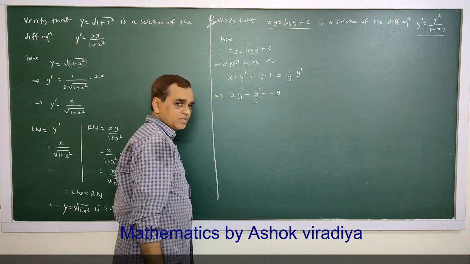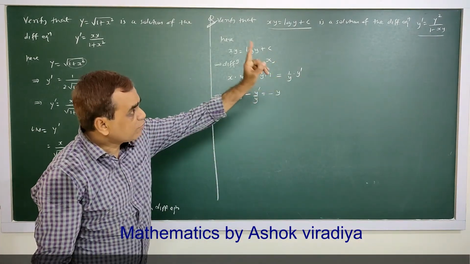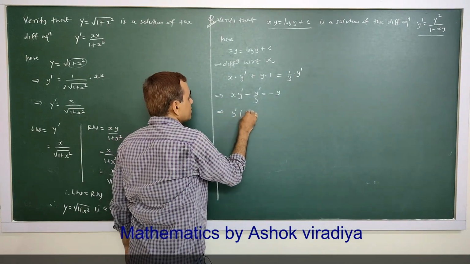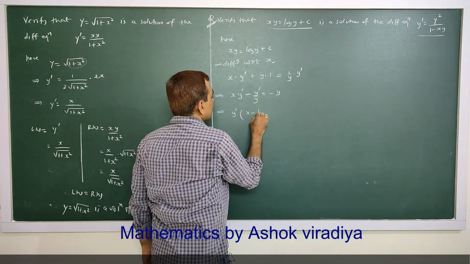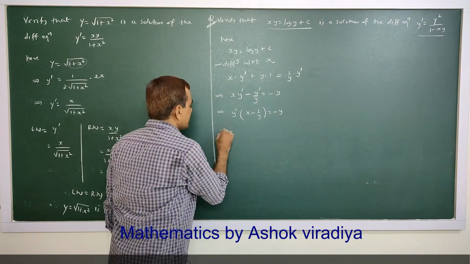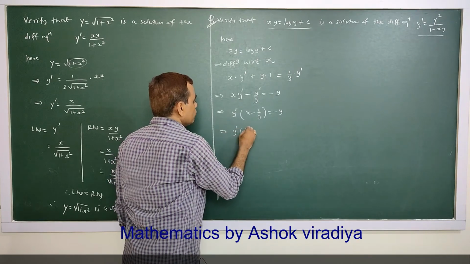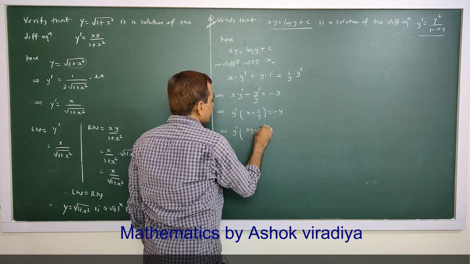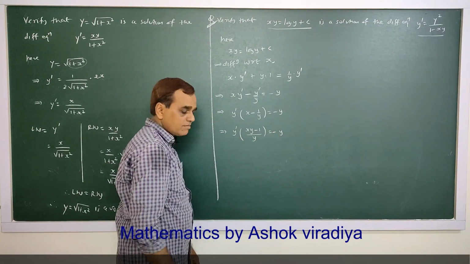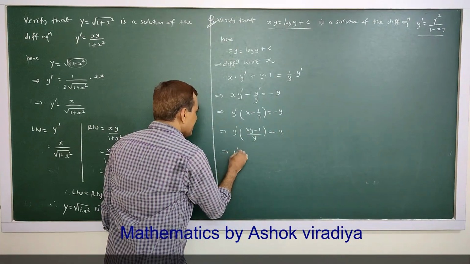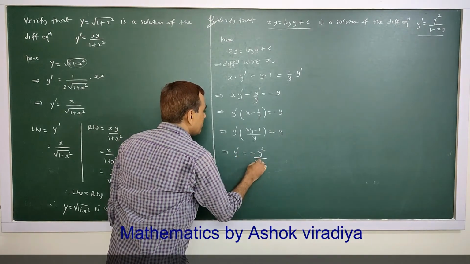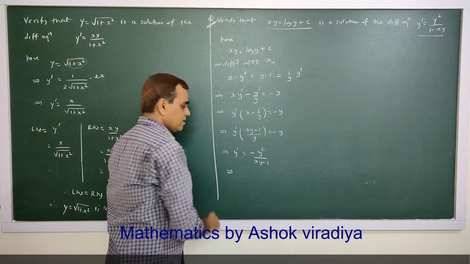Here y dash is common: y dash into x minus 1 upon y is equal to minus y. That is y dash is equal to minus y square upon xy minus 1.